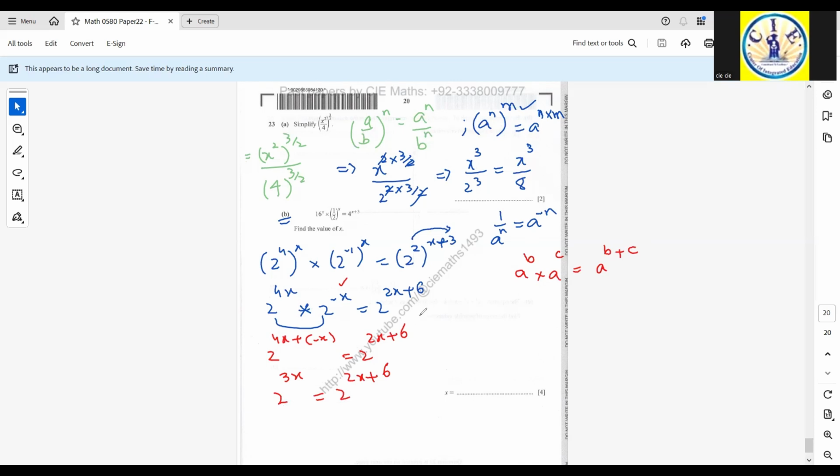Now, since the bases are equal, their powers must also be equal. That means 3x should be equal to 2x plus 6, and 3x minus 2x is equal to 6, and x is equal to 6. That is the answer to question number 23.